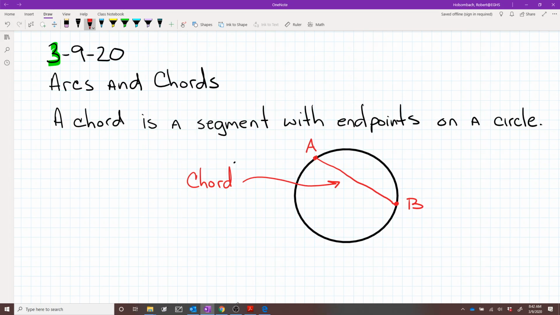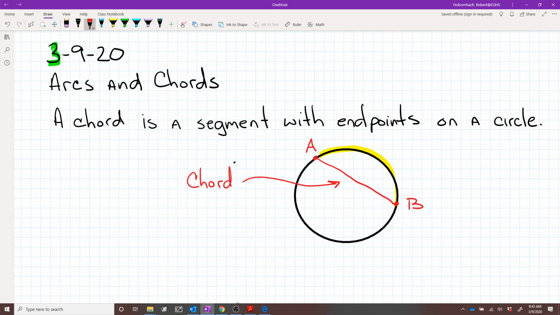Now, this chord AB, arc AB, do you see how chord AB created this arc right here? Alright, it created arc AB.